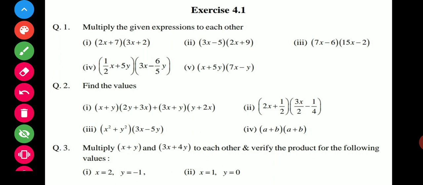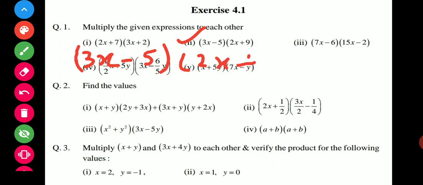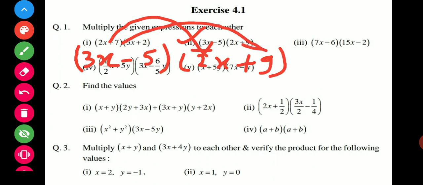Now come to the second part of this question. It is 3x minus 5, and second is 2x plus 9. How to multiply this? First multiply to this, then second to this.